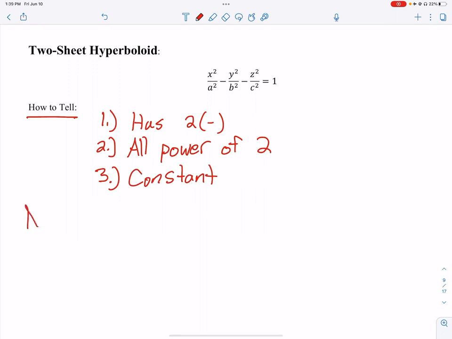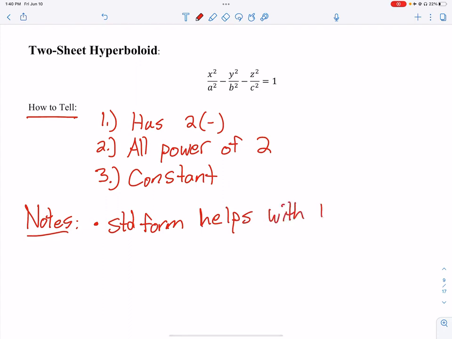All right, a couple notes. Just like the last time, standard form helps with traces. All right.